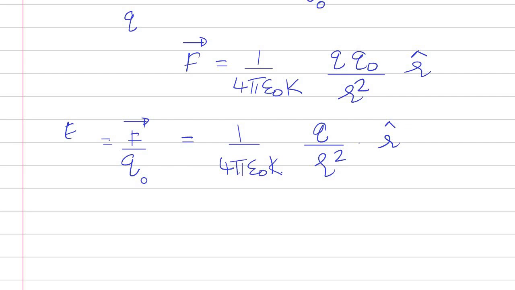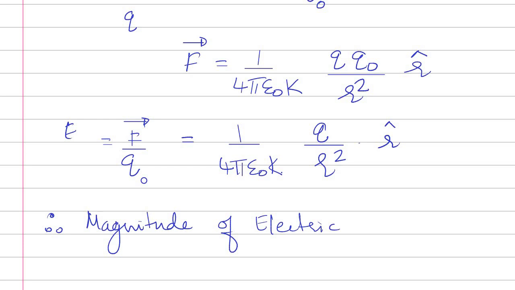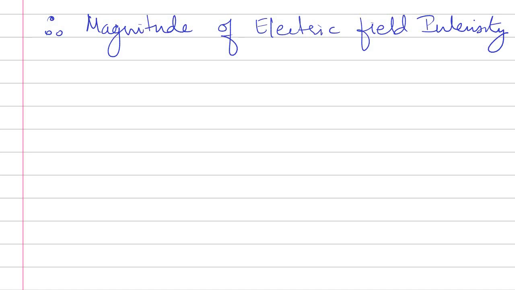So the magnitude of electric field intensity is E equal to 1 by 4 pi epsilon 0 k Q by r square.